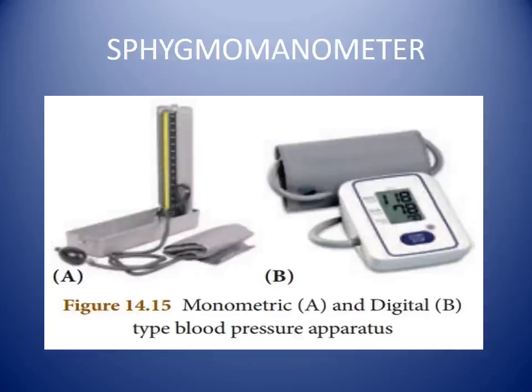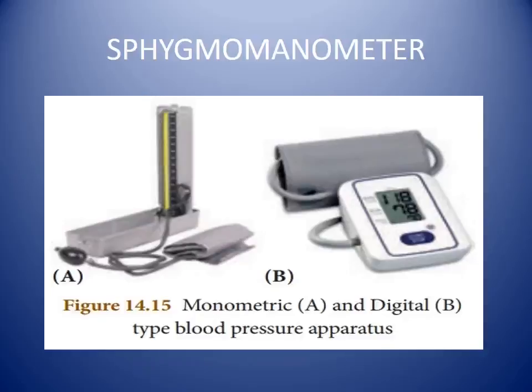Two types of instruments are there, manometric, the old one, and the modern digital type, used to measure blood pressure.